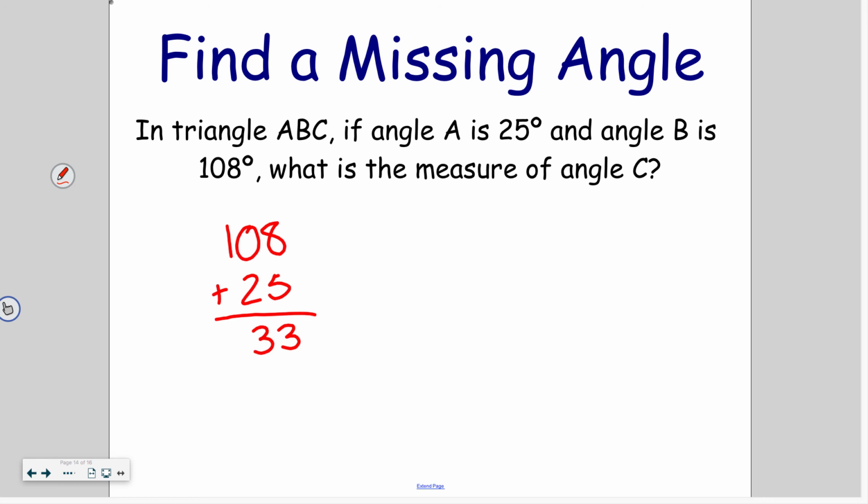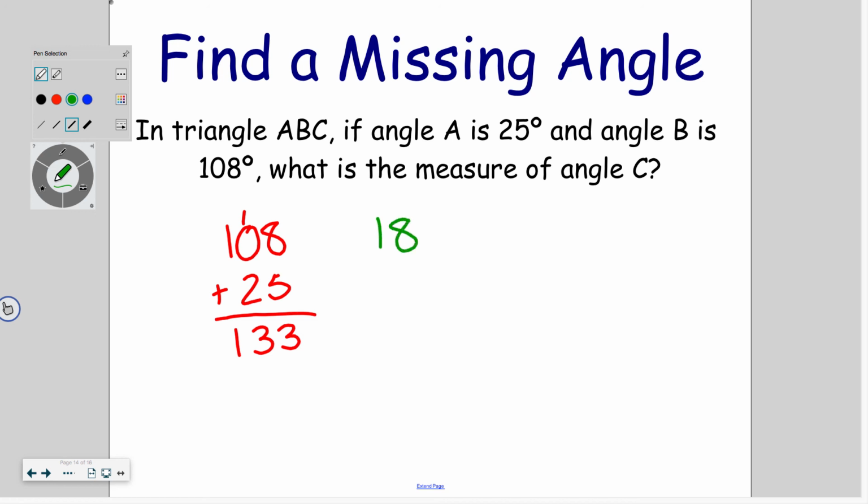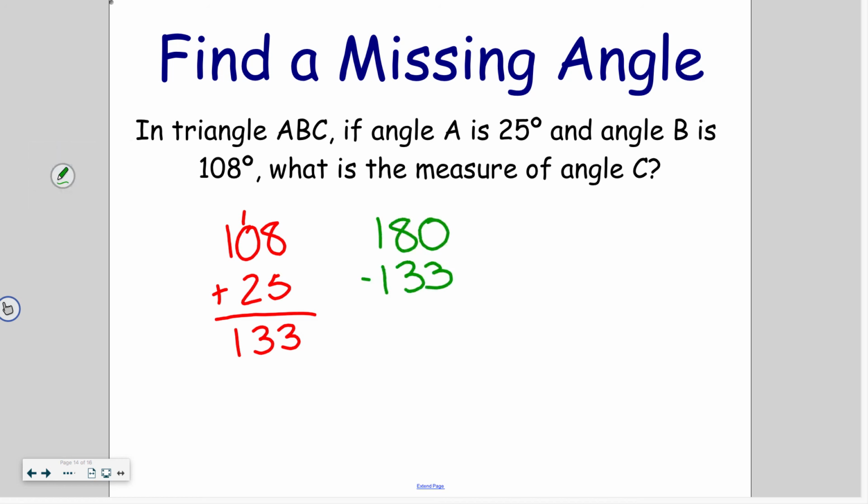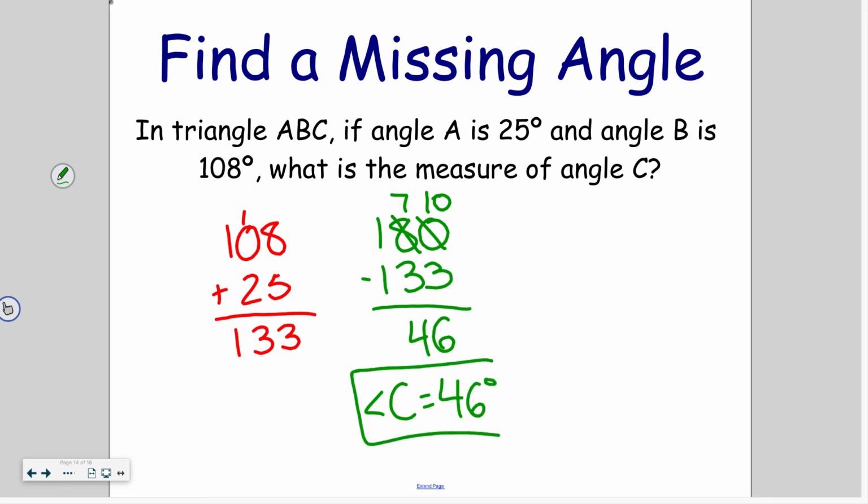And that is going to give me 133. I'm then going to take my 180 degrees, so my whole triangle, and take away what I already have, which is 133. After I do that subtraction, I'm going to end up with a 46 for an answer. So that means angle C is 46 degrees.